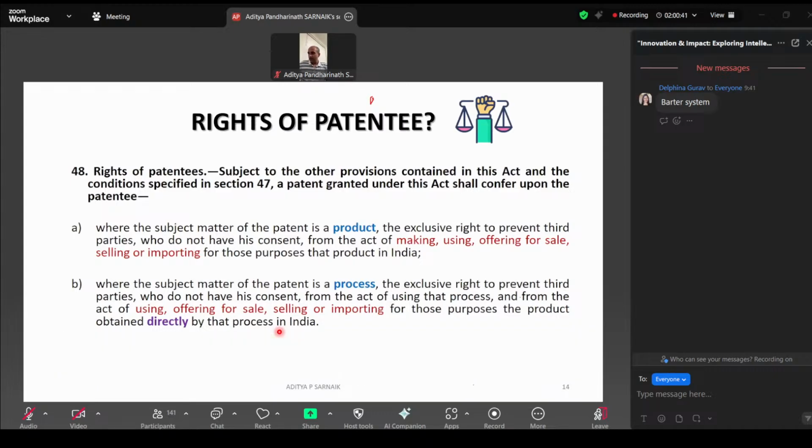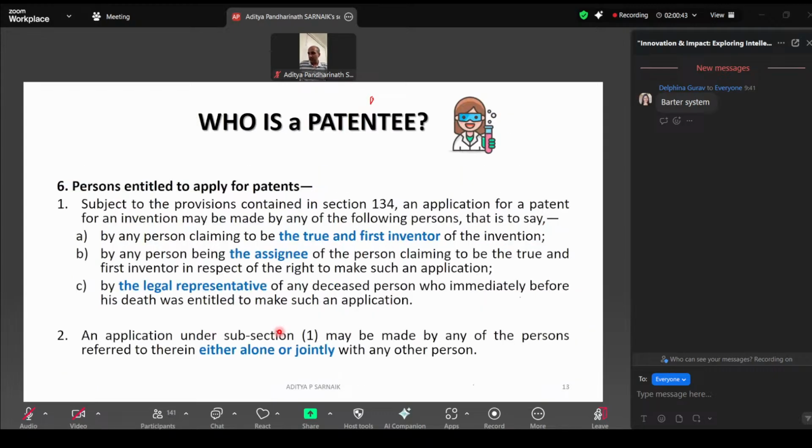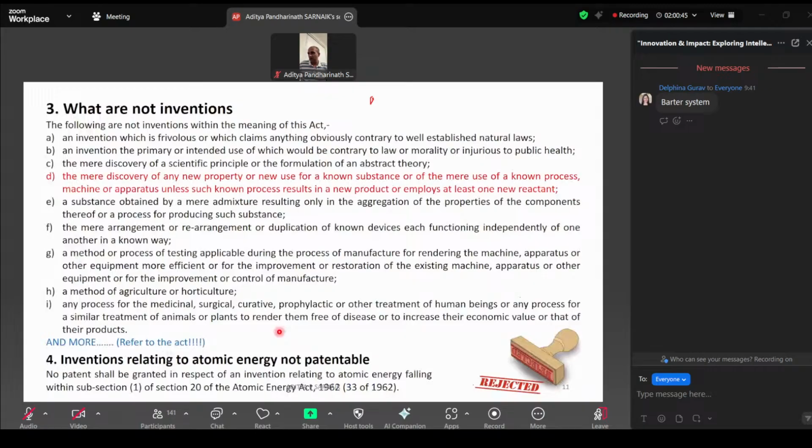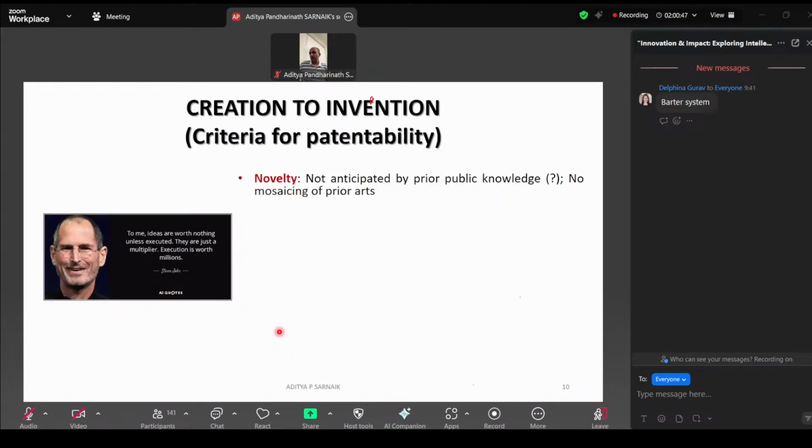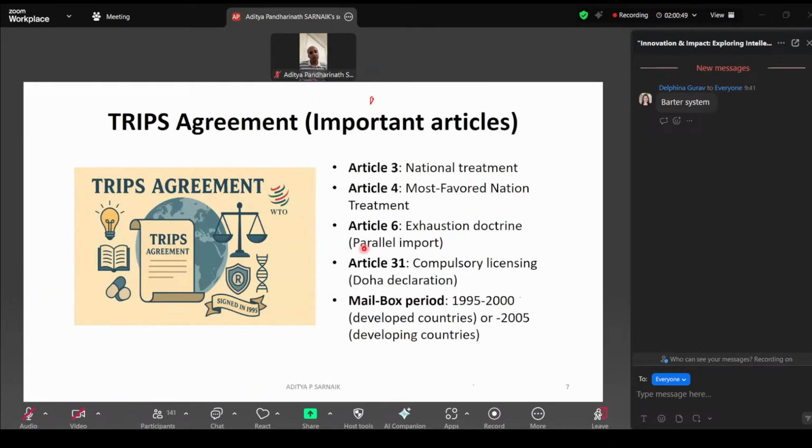So this is where this term comes into the picture: exhaustion doctrine and parallel import. I'm actually exhausting the rights of the authorized personnel because of my parallel importation of these unauthorized goods.